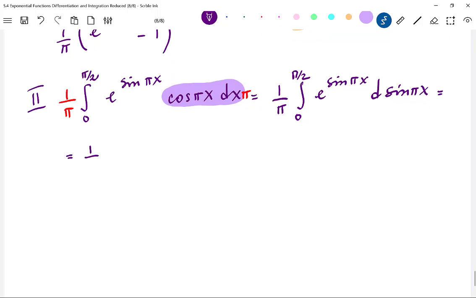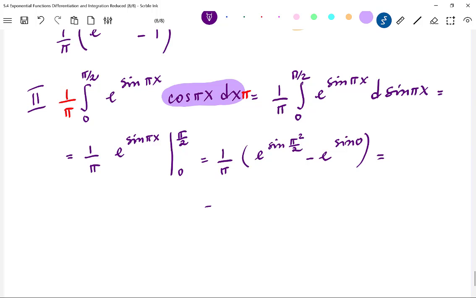Now I have the integral of e to the u du. So my answer is going to be e to the sine pi x, where x changes between 0 and pi over 2. And of course, by substituting back, I'll have e to the power of sine pi times x, which is pi over 2, so pi squared over 2, minus e to the sine 0.